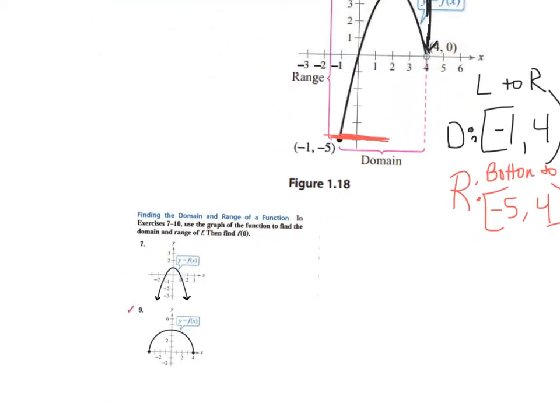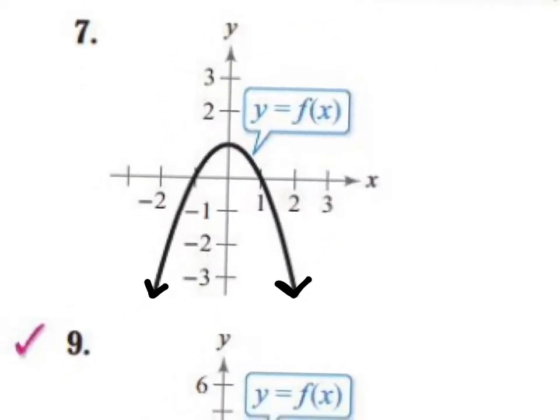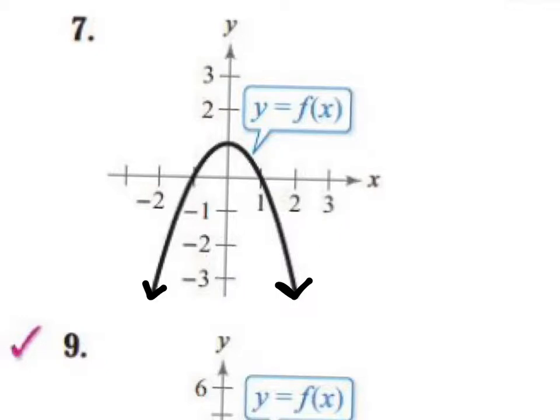All right, so look here. What do you notice is on the end of your graph? Arrows. That means infinity. Guys, they're both going down. I understand that. But when you talk about domain and range, remember I said domain is left to right on the x-axis. So this is going on forever. That means the x values are going on forever. What infinity is over here to the left?